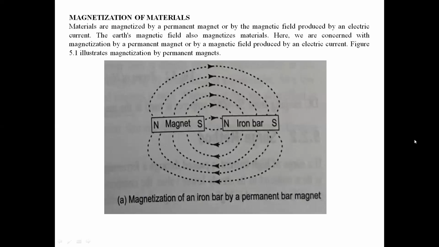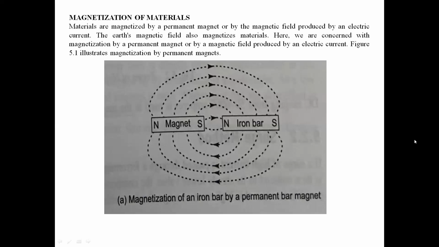You can magnetize the iron, means if you apply the current, automatically it acts as a magnetic material. Such kind of magnetism is called ferromagnetism.